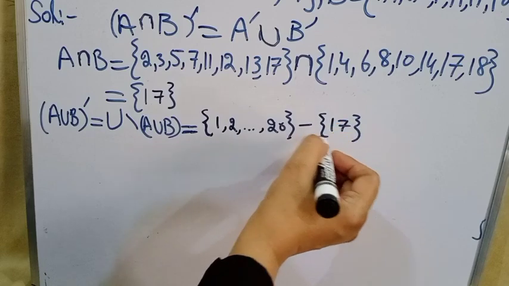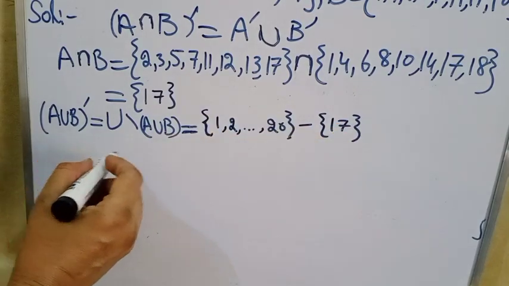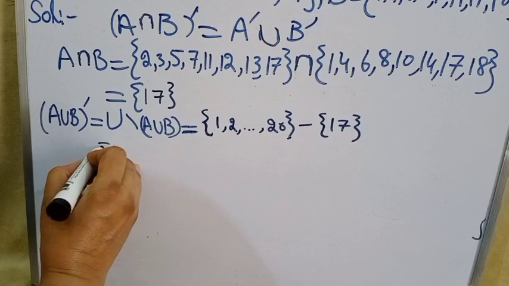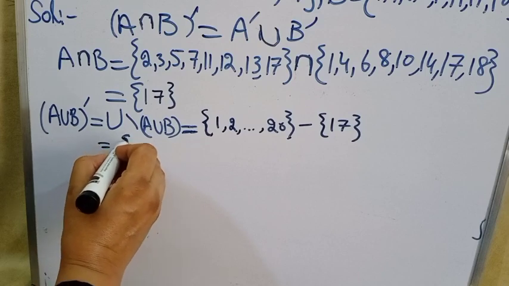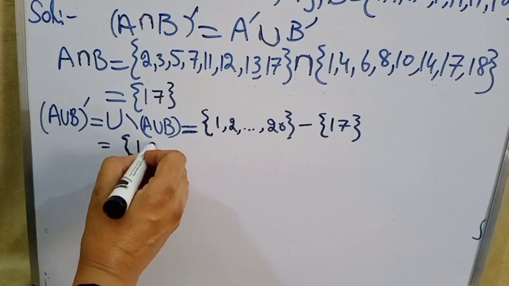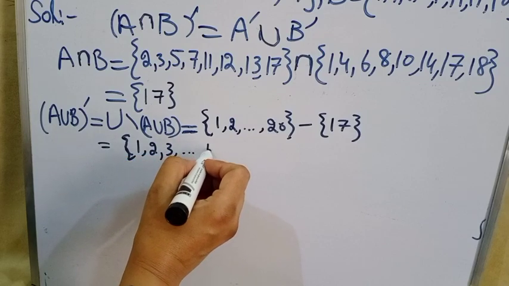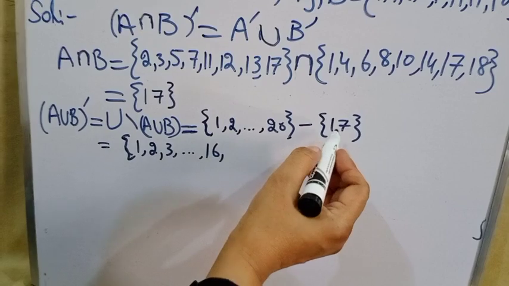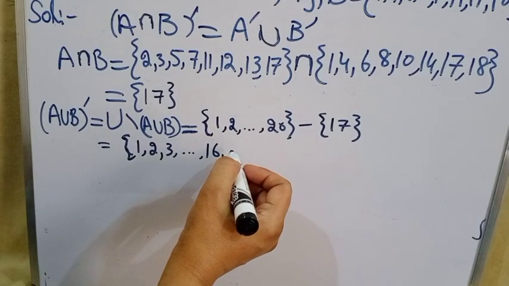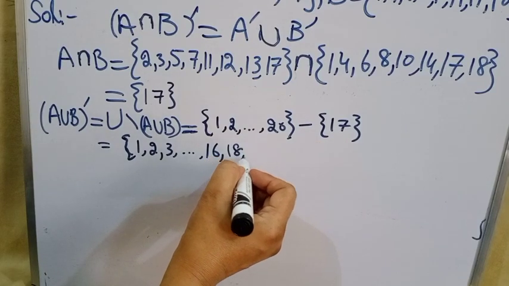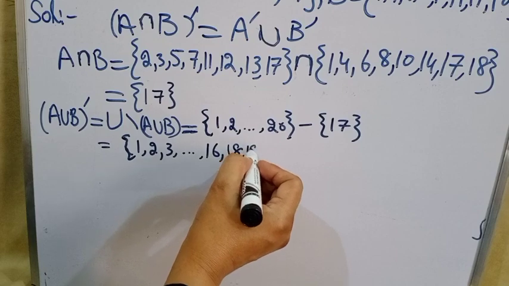This is set A intersection B. So we have the set including elements 1, 2, 3 up to 16, and 17 is not included, and then 18, 19 and 20.